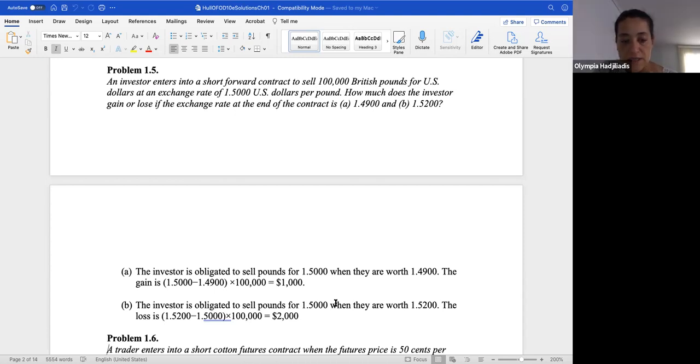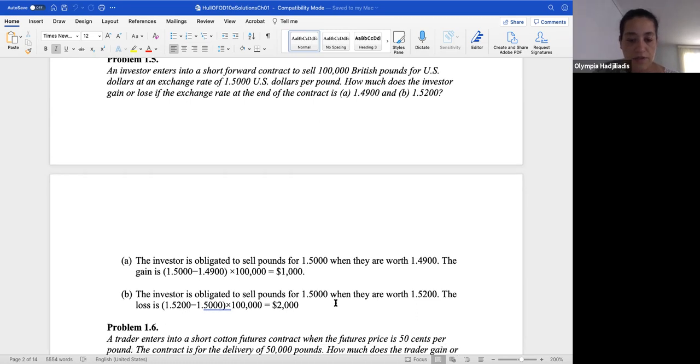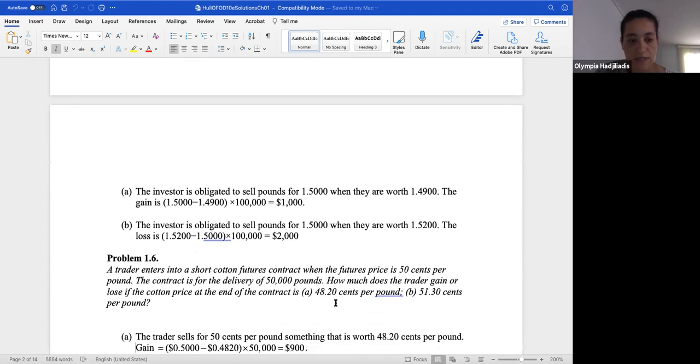So the gain is 1.5 minus 1.49 times 100,000, which is $1,000. In case B, the investor is obligated to sell the pounds for 1.5 when they're actually worth 1.52 in the market. So the loss is 1.52 minus 1.5 times 100,000, which is $2,000.